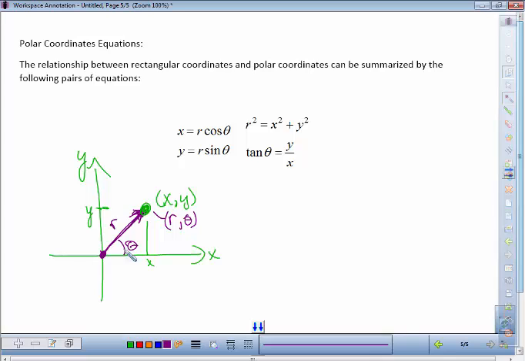And then the idea of a negative r would just be pointing in the opposite direction of the ray according to the angle.